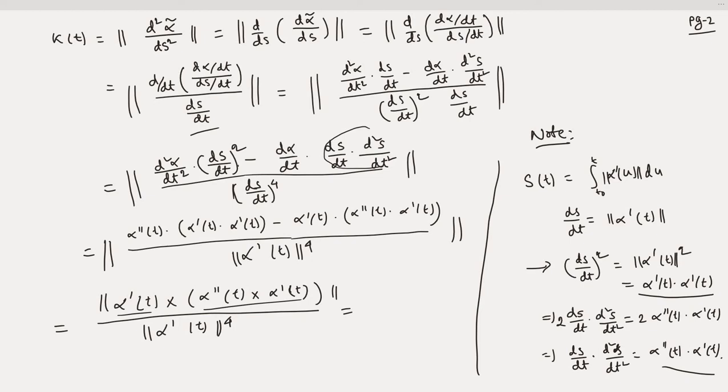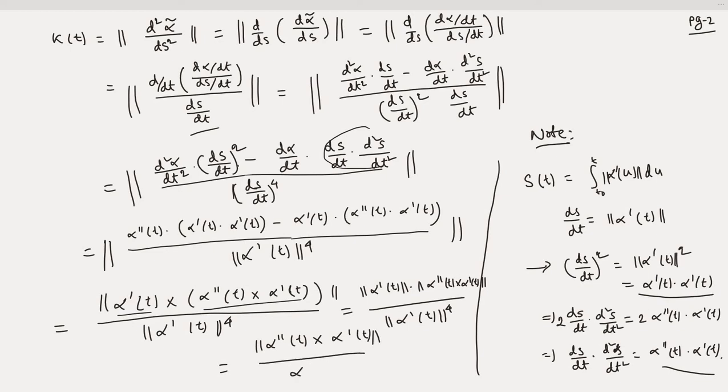So this is equal to the norm of alpha prime of t times the norm of alpha double prime of t cross product with alpha prime of t over the norm of alpha prime of t to the power 4, and this is equal to the norm of alpha double prime of t cross product with alpha prime of t over the norm of alpha prime of t to the power 3.